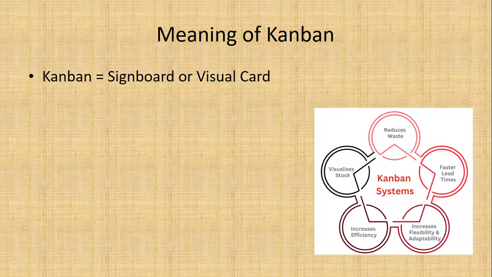Now let us begin the presentation by understanding the meaning of Kanban in a more elaborate way. The term Kanban originates from the Japanese language, where kan represents visual and ban represents card or signal. Together, Kanban translates to visual signal or signboard. A Kanban board is a visual tool used to manage and track work in progress.